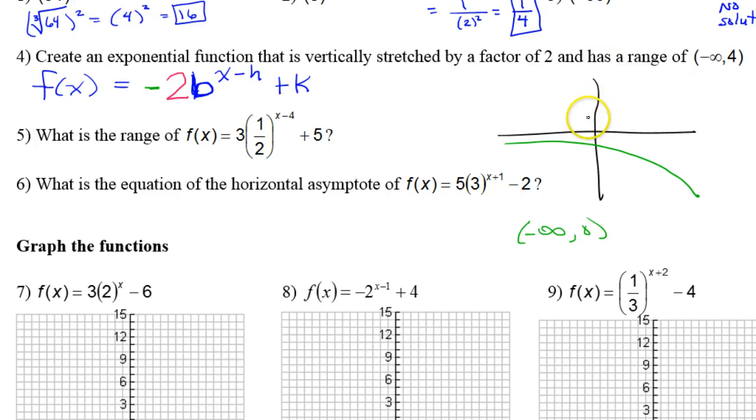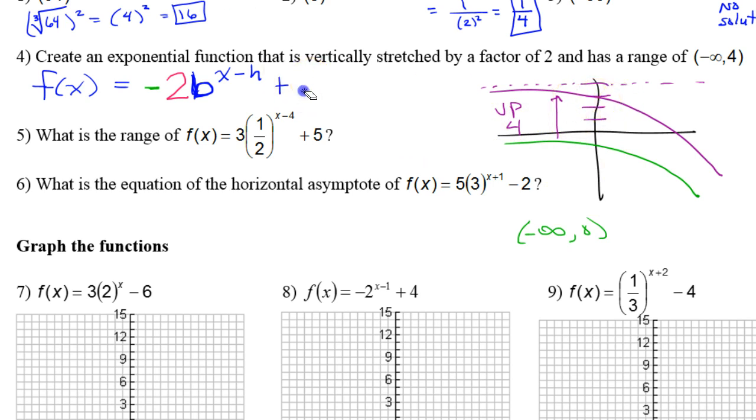So 4. So 1, 2, 3, 4. The asymptote must be up here. So I need to take this and move it up 4 like this. So it has to be shifted up 4. And if I'm going to get a shift of up 4, then that's the k value.